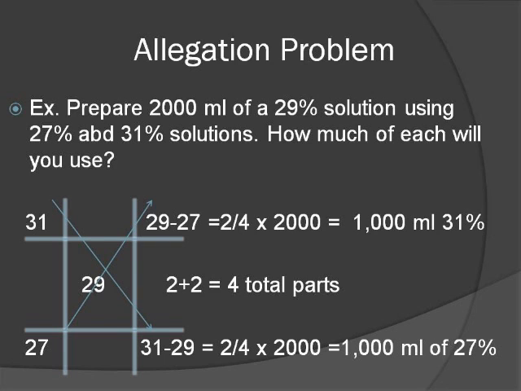So we can automatically draw out a tic-tac-toe box and fill it in so that we have 31 in the top left-hand corner, because it's the higher percent, and 27 in the bottom left-hand corner. Now, your calculation book states higher percent in the top left-hand corner and lower percent in the bottom left-hand corner.